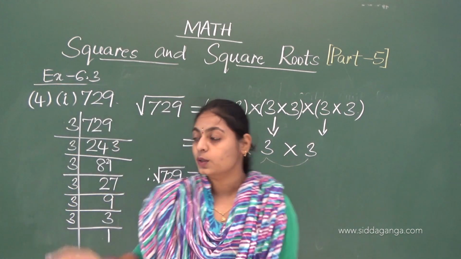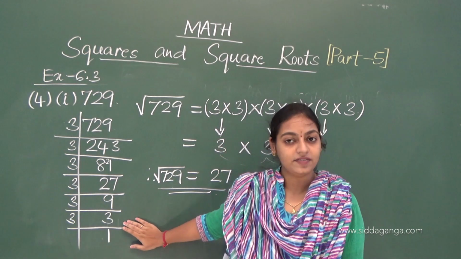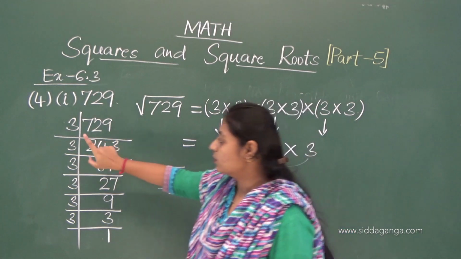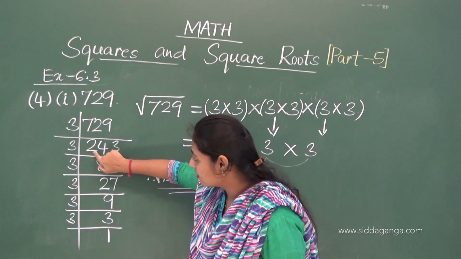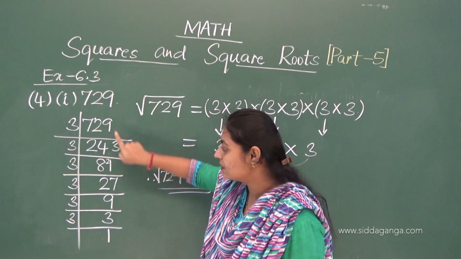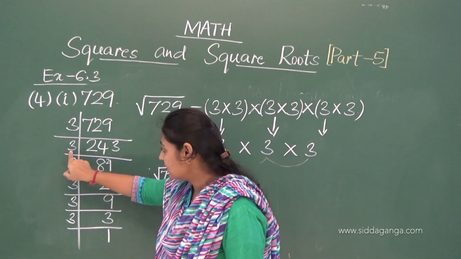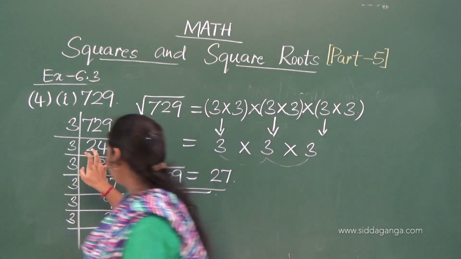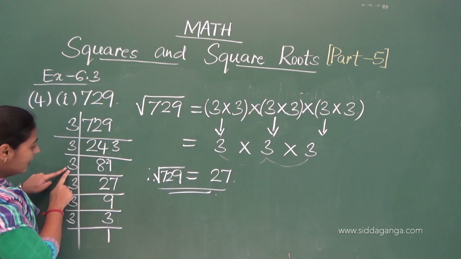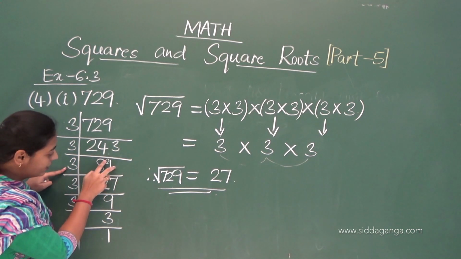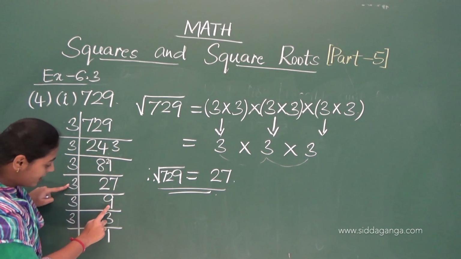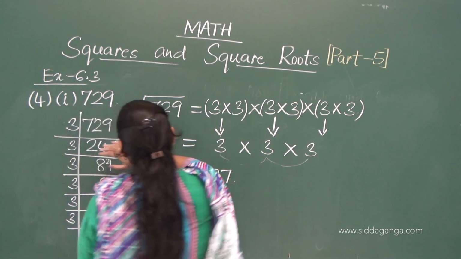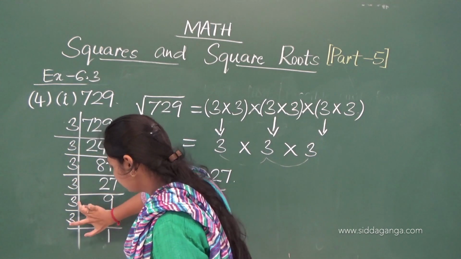First, what did we do? We factorized using only prime numbers. Here the units place number is 9, so we divided by 3. 3 2s are 6, 12, 3 4s are 12, 3 3s are 9. Again with 3, 3 8s are 24, 3 1s are 3. Again 3 2s are 6, 21, 3 7s are 21, 3 9s are 27, 3 3s are 9 and 3 1s are 3. Next 3 into 3, 3 into 3 and 3 into 3.